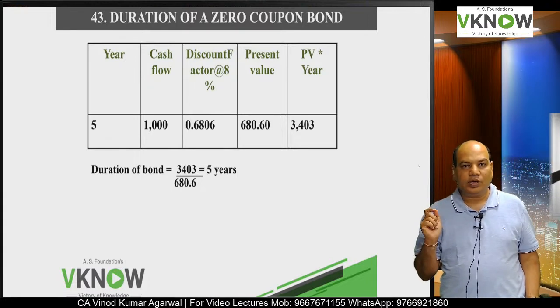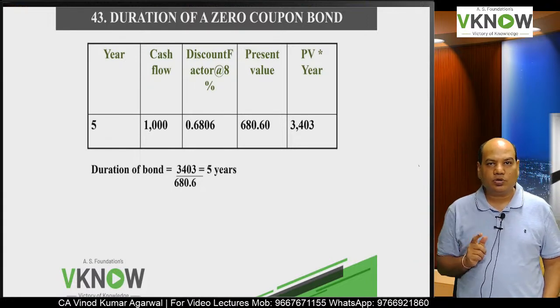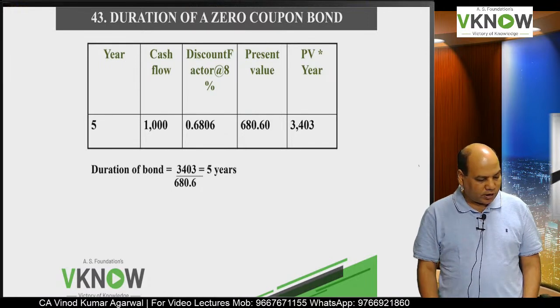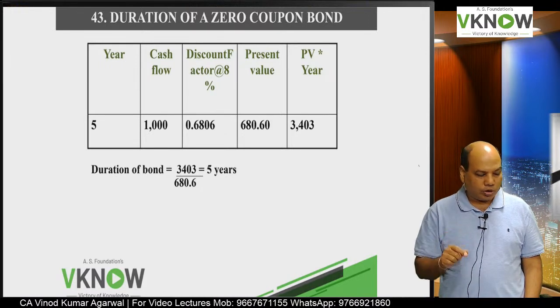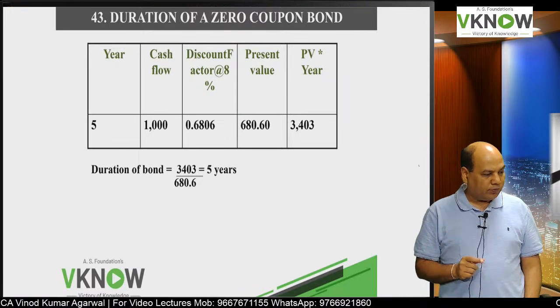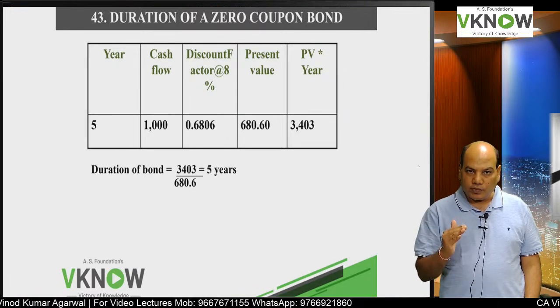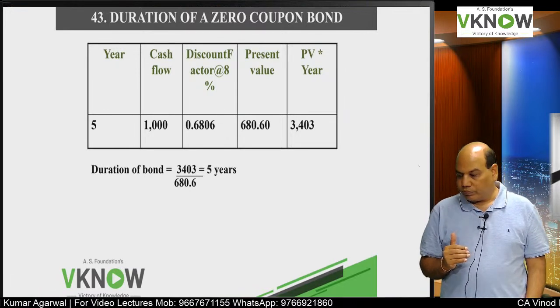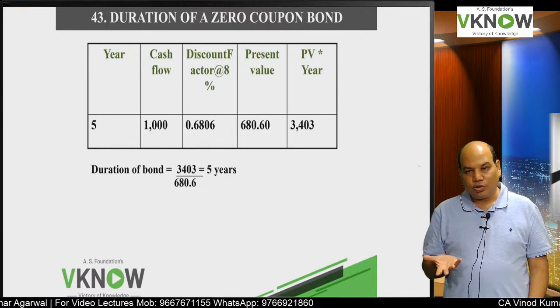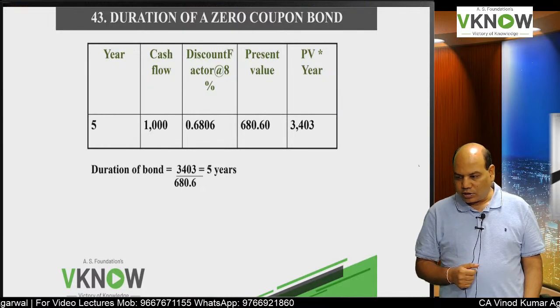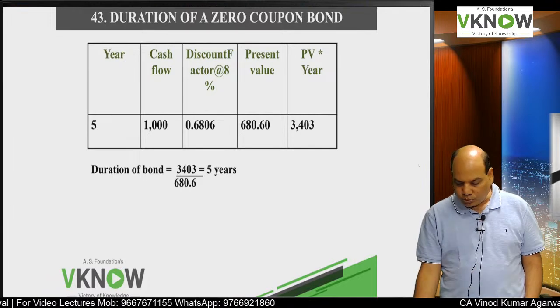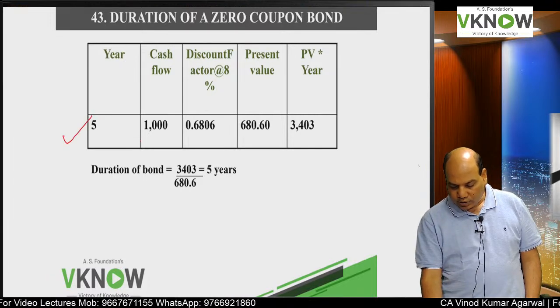If it is a 5-year zero coupon bond, its duration is also 5 years. So please write down in your book, if you have the book. And if you don't have the book right now, or if you have not taken the printout, then you can write in notebook. So write down answer 43, but first write this question also.